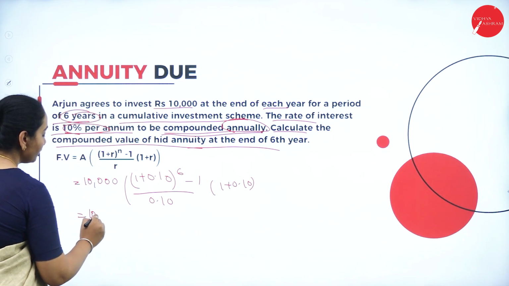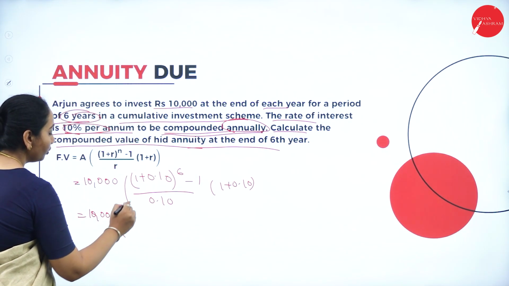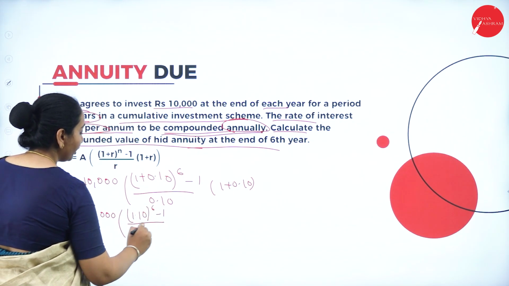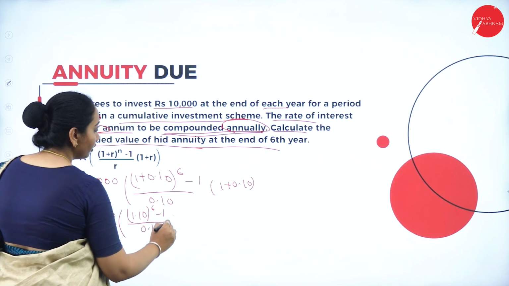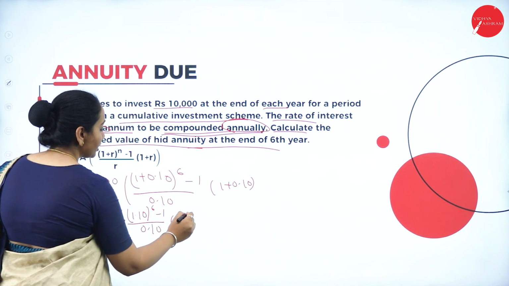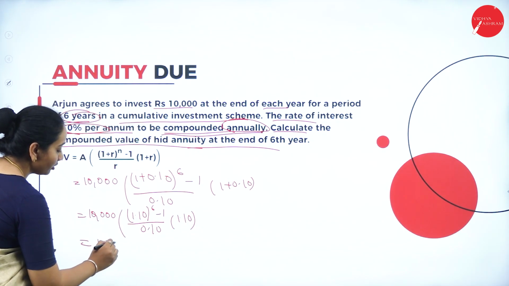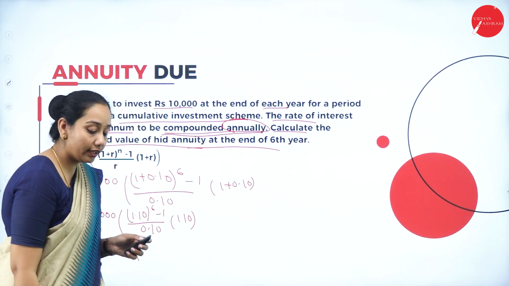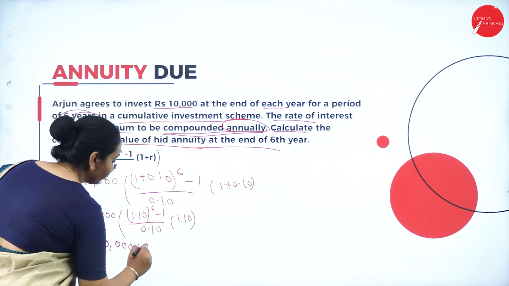So 10,000 into 1.10 to the power of 6 minus 1, divided by 0.10, into 1.10. So next step, 10,000 into 1.10 to the power of 6 will get 1.77.